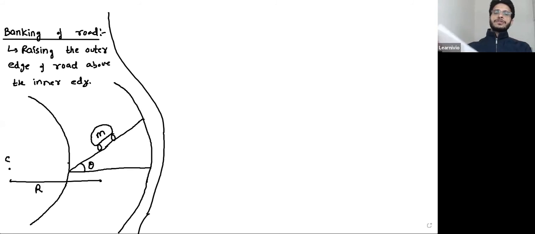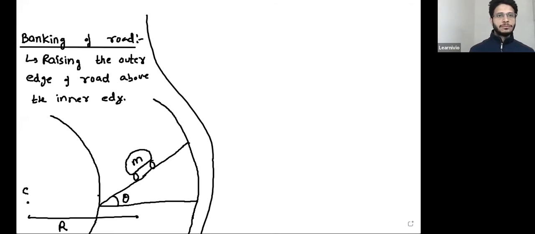So if this is your circular track, this is the track, right? This track, if it is even, that means inner and outer edge of the road are at the same level. But it's not always at the same level. The outer one is raised a bit with respect to the inner.